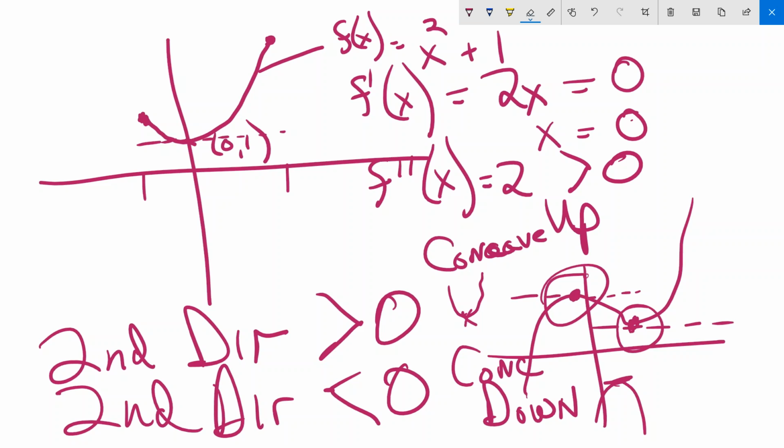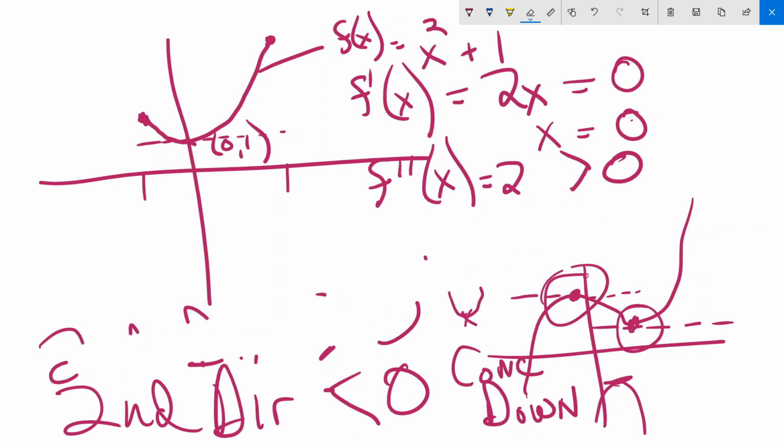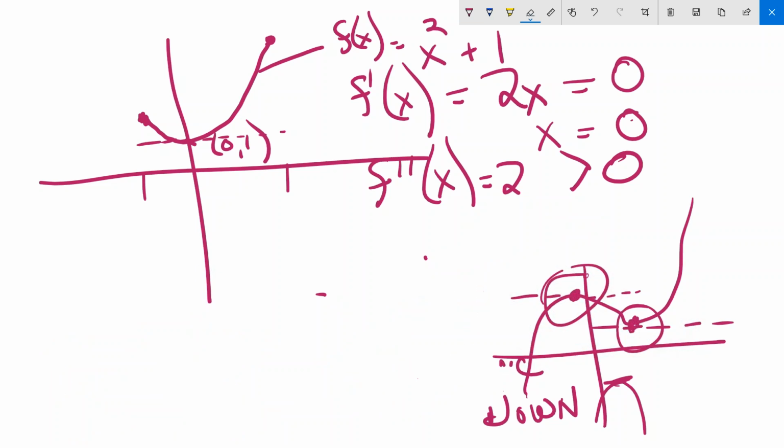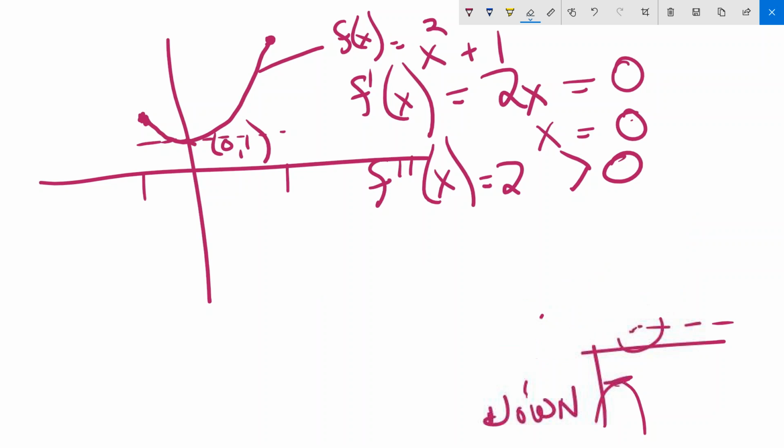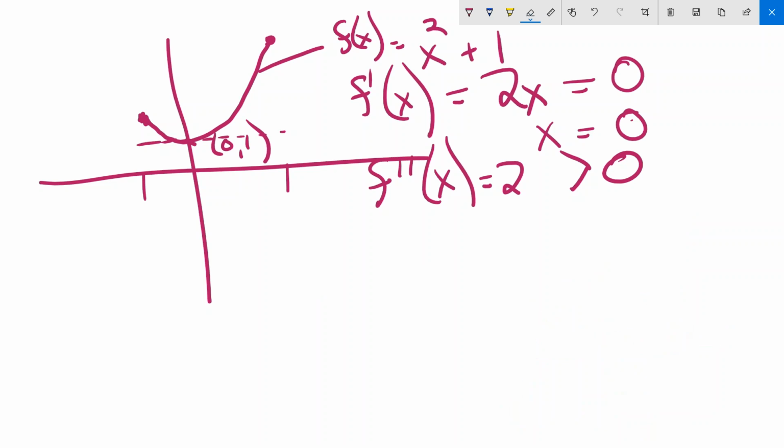Okay. So let me erase this over here. Let's go back and look at this first function that I've drawn. If we look at that graph, we can tell that the bottom, at this point right here, is the local minimum, and it's also an absolute minimum, right? That's right. Where's the absolute maximum? That would be here.